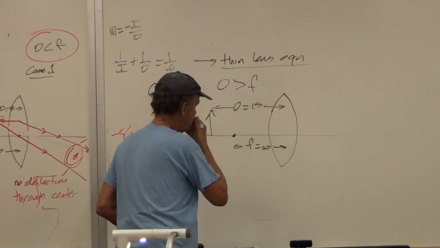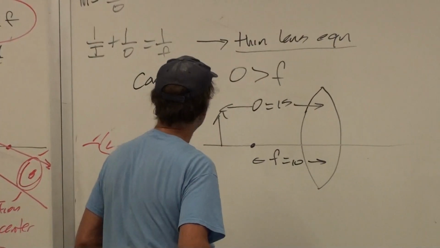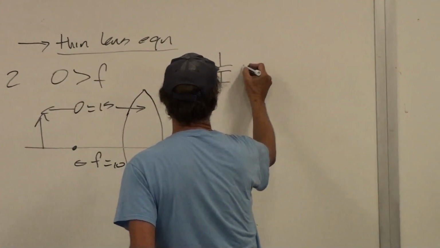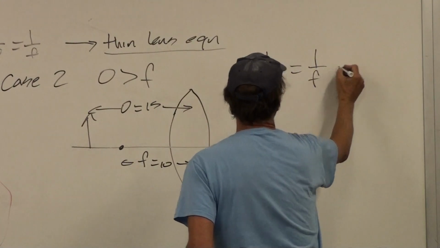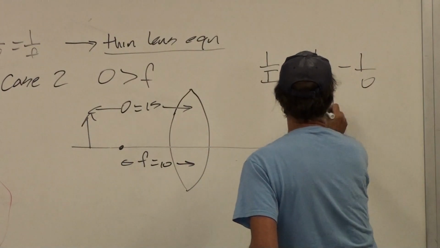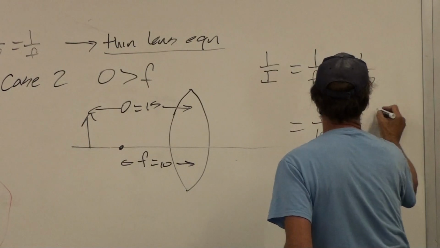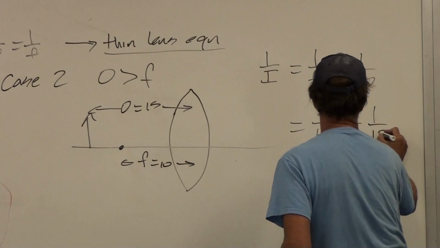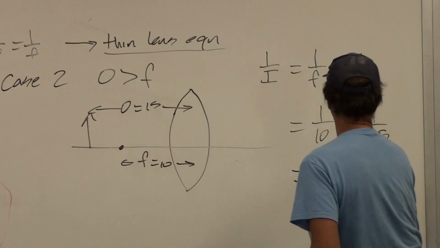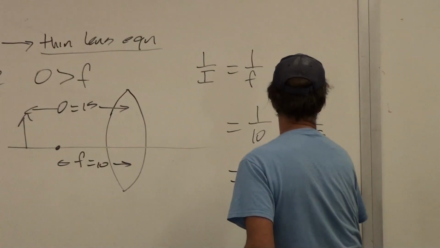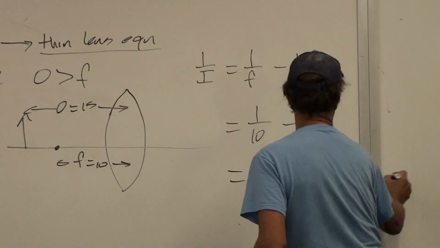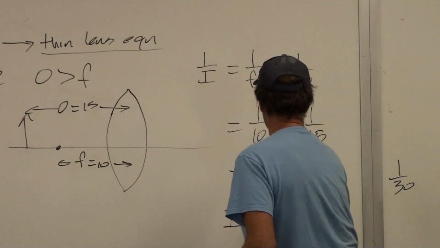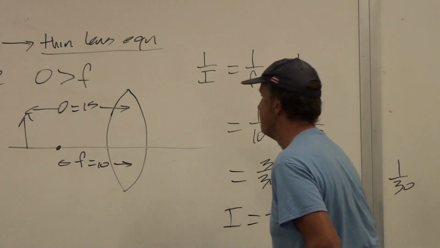Okay, so what I could do here is calculate the image location and magnification. 1 over I equals 1 over F minus 1 over O, or 1 over 10 minus 1 over 15. So that's 3/30 minus 2/30 equals 1/30. And so therefore I is equal to plus 30.